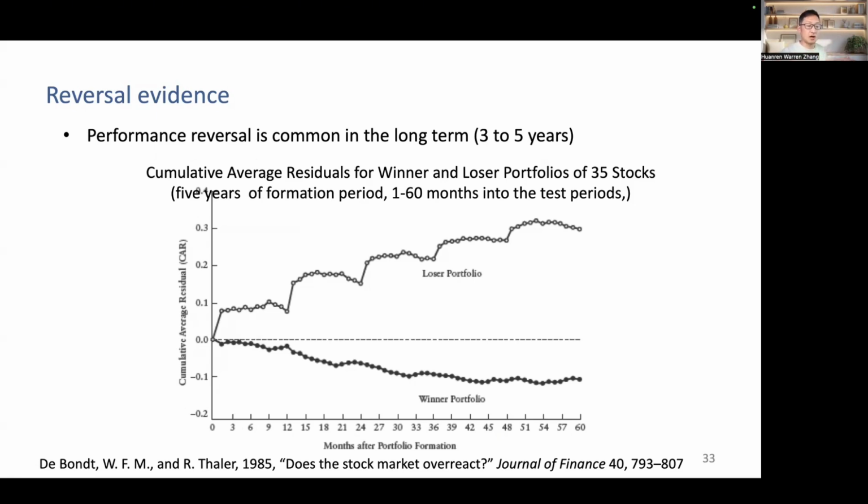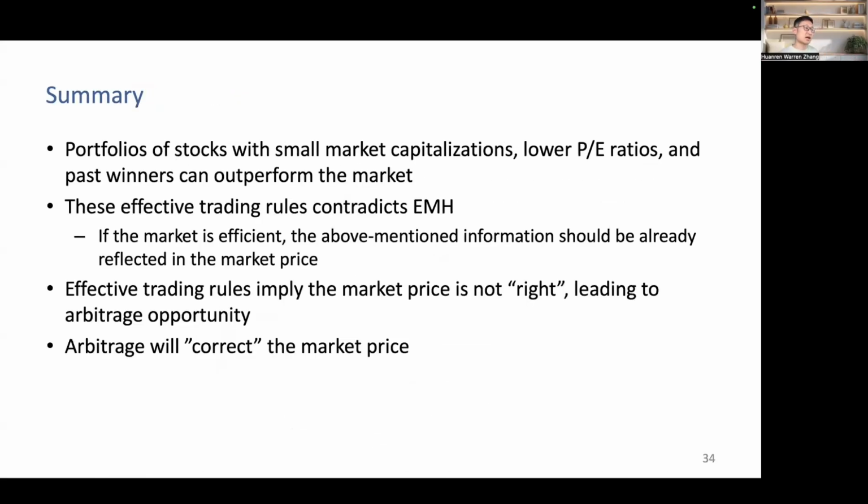So these are the 3 major trading strategies that we have discussed. And all of these are contradicting the efficient market hypothesis. So let's summarize this. Portfolios of stocks with small market capitalization, lower PE ratios, and past winners can outperform the market.